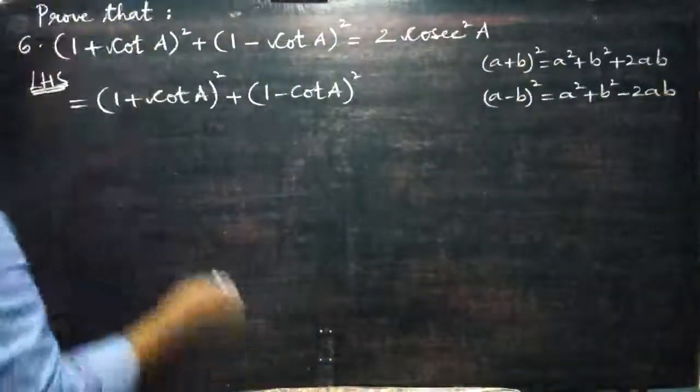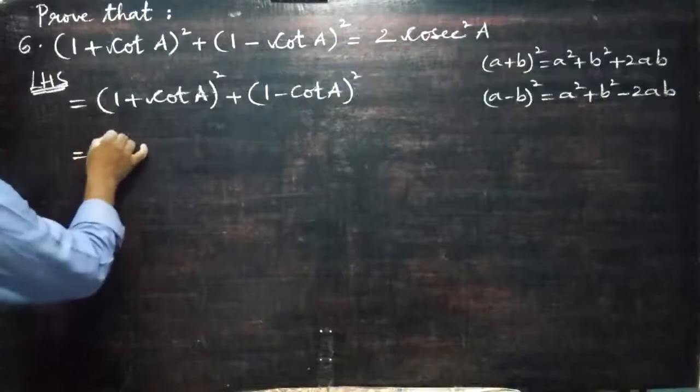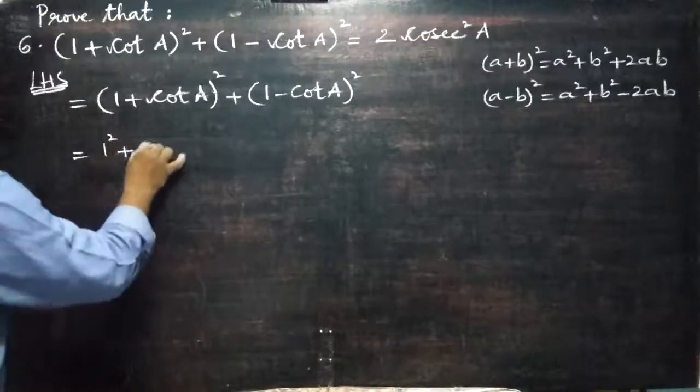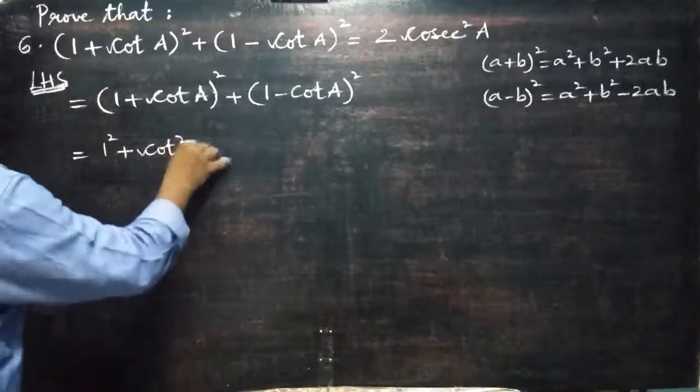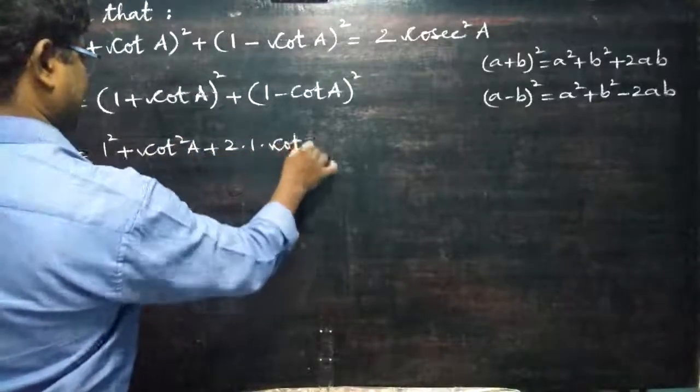So, which formula are we using? Aside you have to mention compulsorily. 1 square plus cot square A plus 2 into 1 into cot A. That is 2AB.